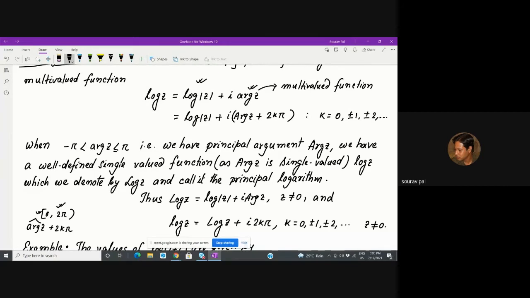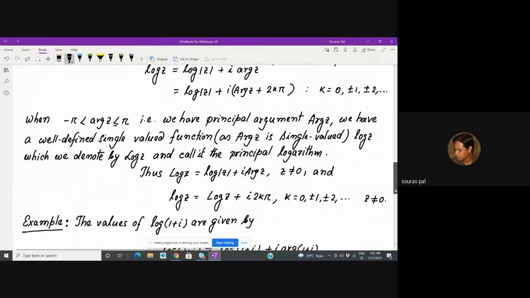So it does not matter which interval you choose. But this is the standard convention that we always choose, minus pi to pi, with minus pi open and pi closed. This is the standard convention followed in mathematics, so we will just go along with it.